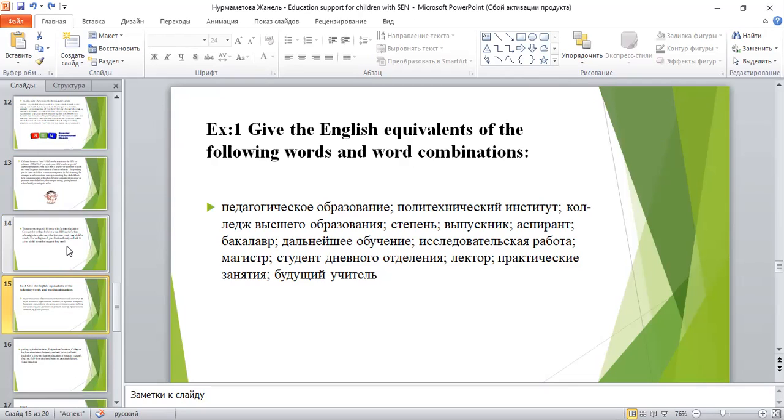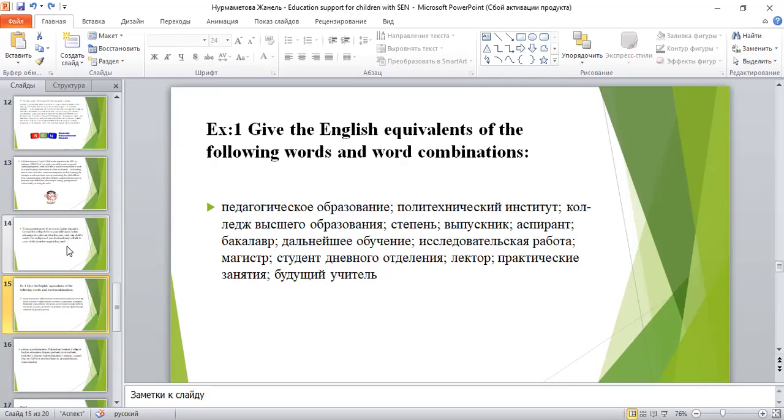Students take the bachelor's degree. Certainly, special educational needs students can take the bachelor's degree too, and they will be doctoral students busy with research work.